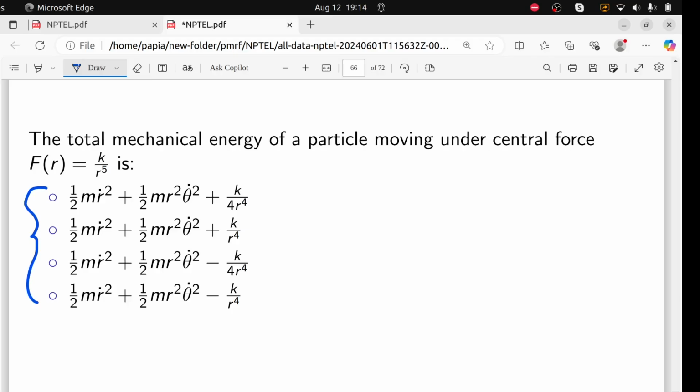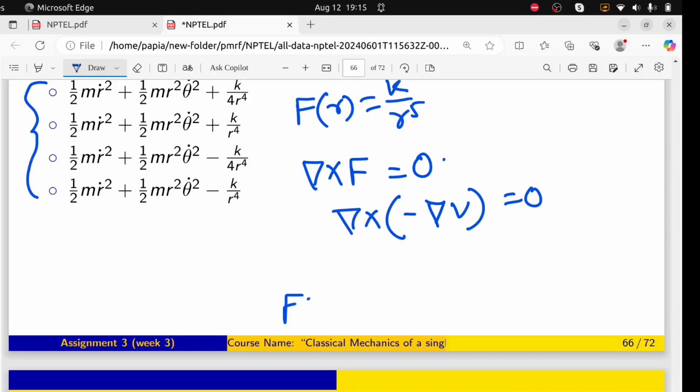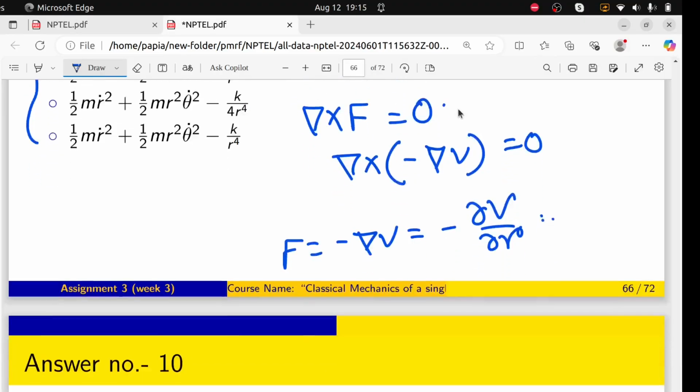Here F is given as k by r to the power 5, and it is under a central force. Central force means curl of F will be 0, and if curl of F is 0, I can write F as minus grad phi, or basically minus del V del R, as it is a function of R only.